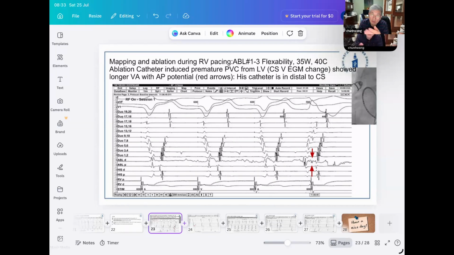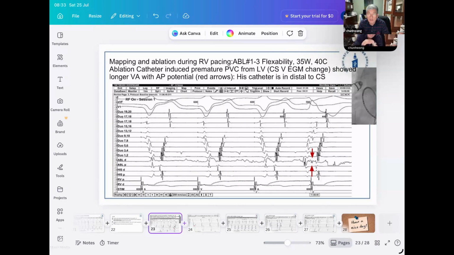You can show a beautiful accessory pathway potential and you know exactly where it is, then you can just ablate it. You can see the pathway potential on the ablation distal on the second beat and third beat. That notching in the downstroke of the QRS is a pathway potential. But you want something more clear-cut, so pace the LV. That's what I can say.